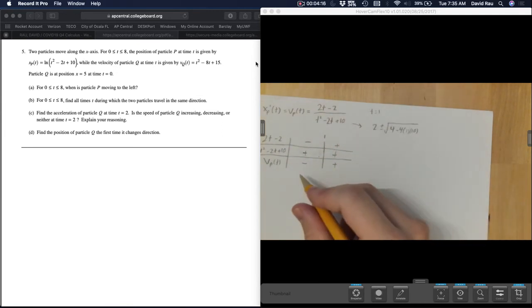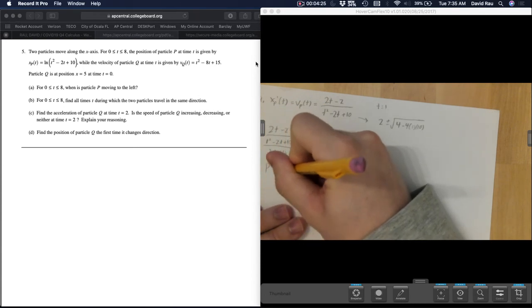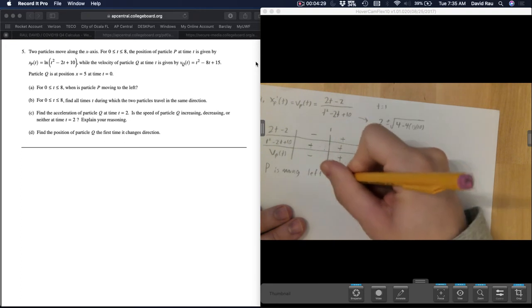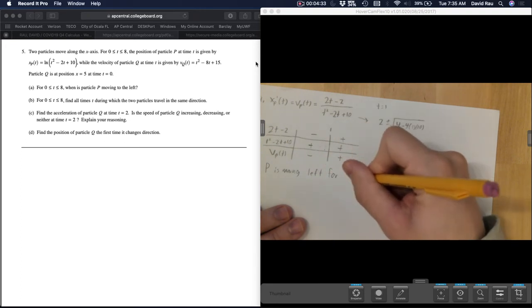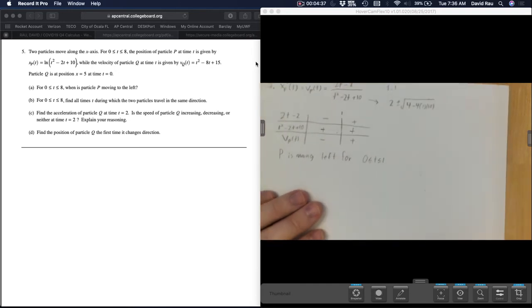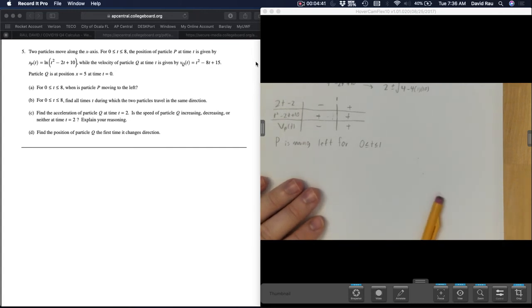Okay, so when is the particle moving to the left? P is moving left for this interval, from 0 to 1.